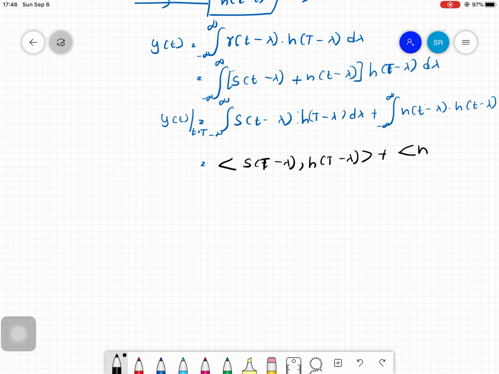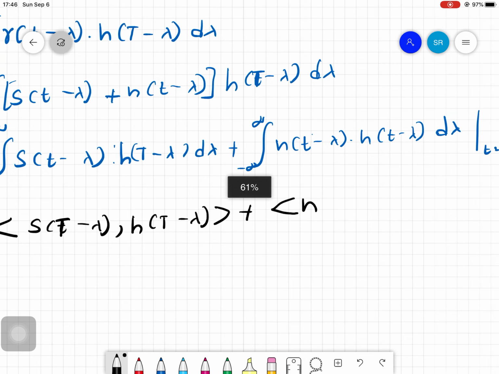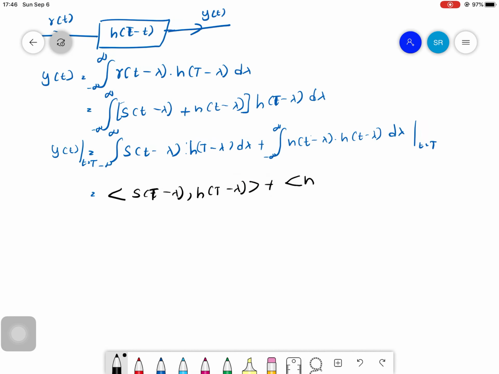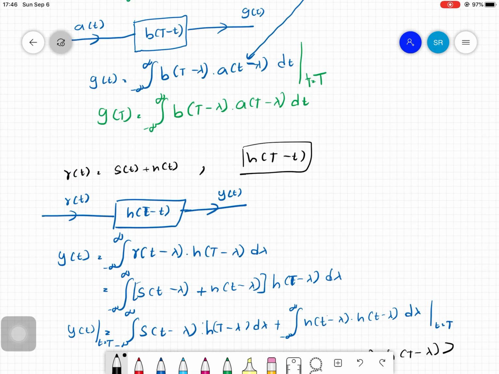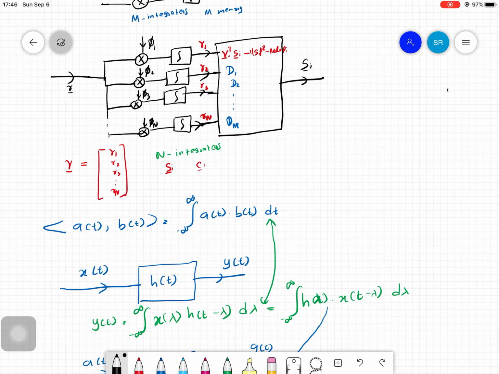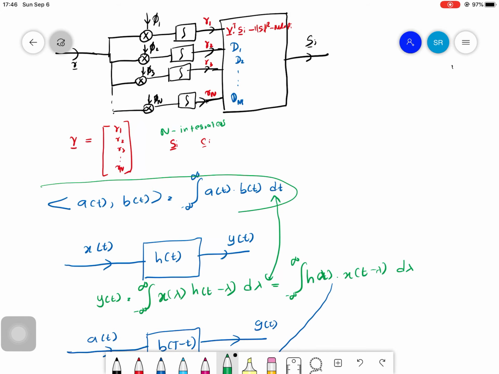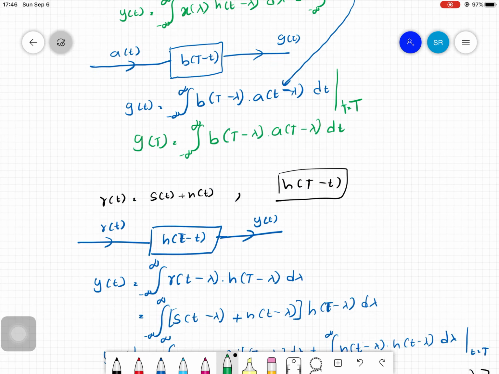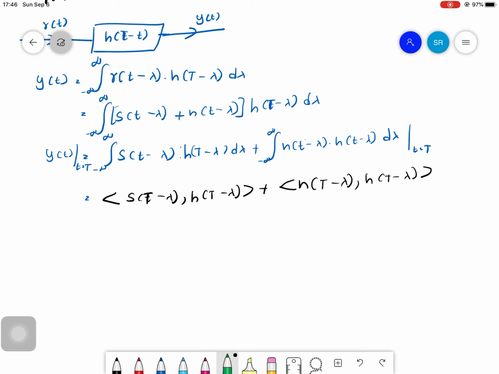This happens again with my noise signal, n(lambda) times h(T minus lambda). Basically I will do two inner products by using the fact that the inner product equation I wrote here. I'm using this fact. So I don't need this part, this is actually the unwanted part.